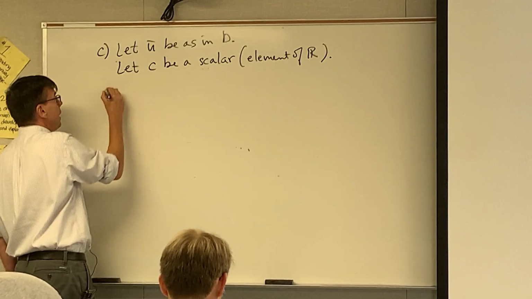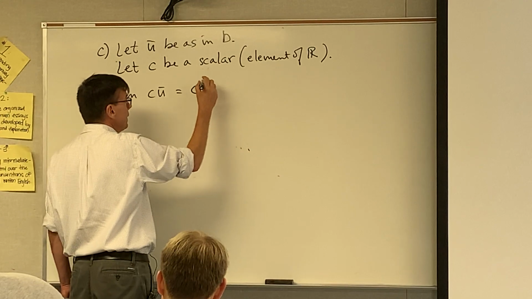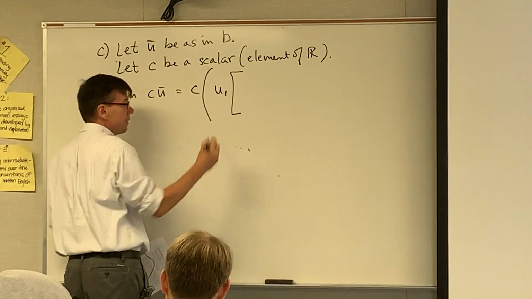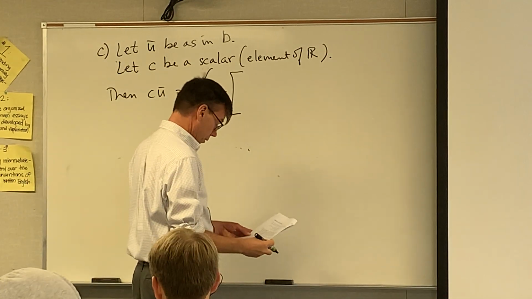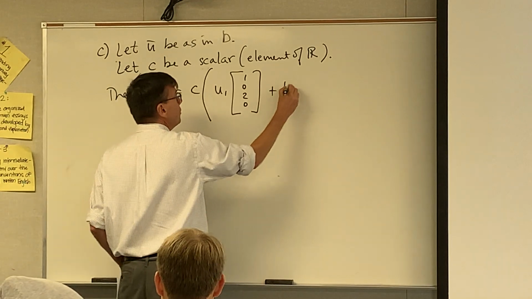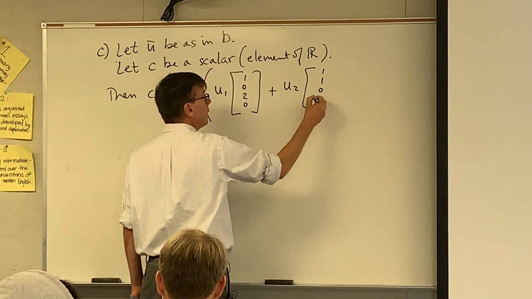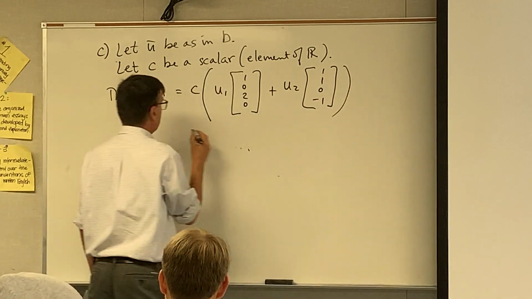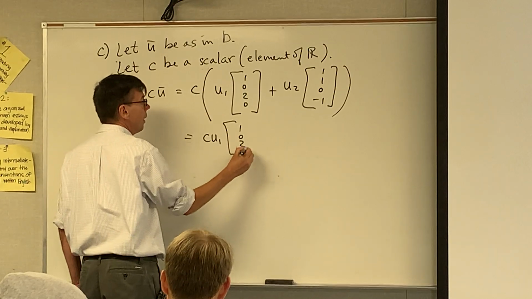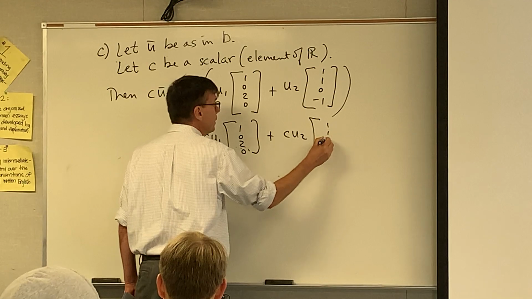And CU is equal to C times, now here we go, U1 times 1, 0, 2, 0 plus U2 times 1, 1, 0, negative 1, which can be written as CU1 times 1, 0, 2, 0 plus CU2 times 1, 1, 0, negative 1.